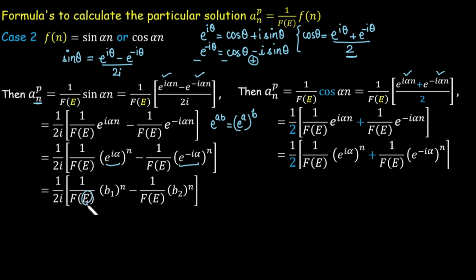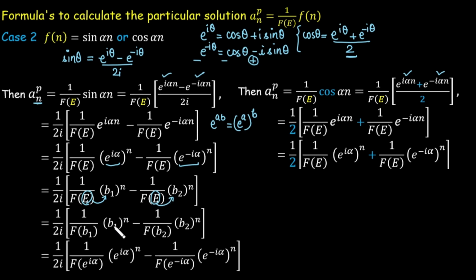Replace this e by b1 and this e by b2. After that, back substitute the value of b1, that is e raised to power iota alpha, and b2 is e raised to power minus iota alpha. And this is the final particular solution for the case of sine.